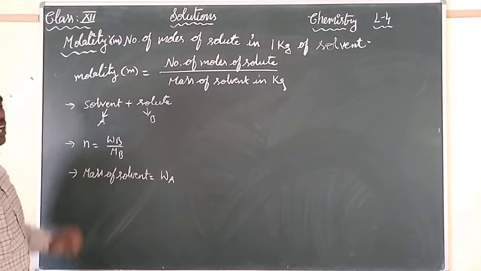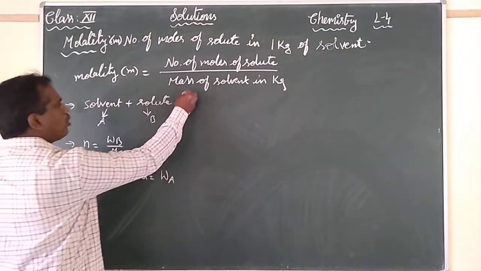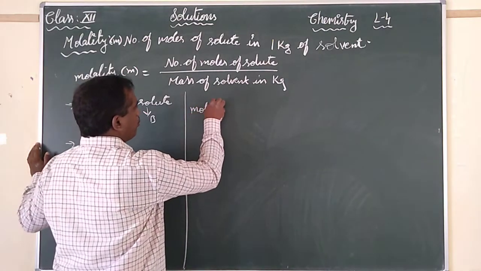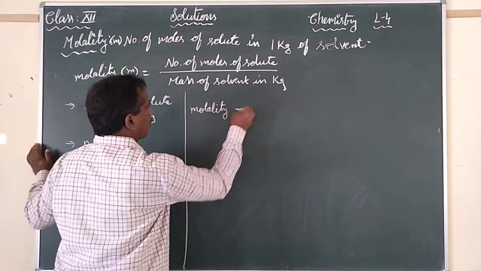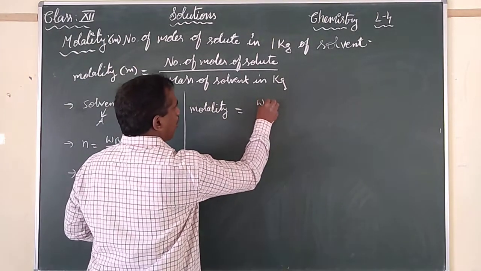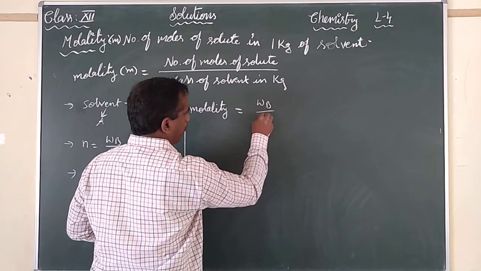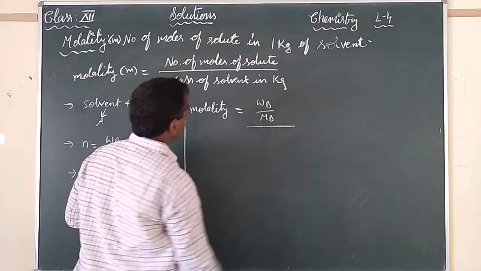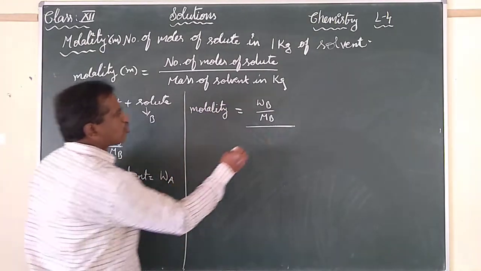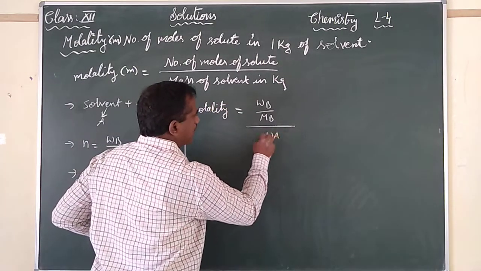So, how to write this one? Molality is equal to number of moles of solute, that is WB by MB, by mass of the solvent in kg. Mass of the solvent is WA.